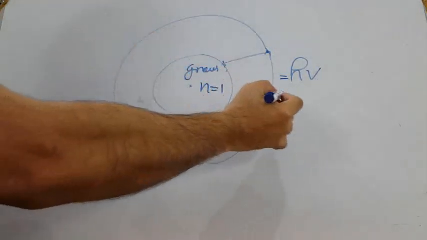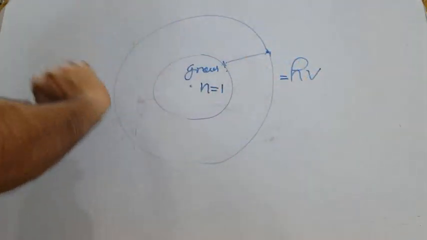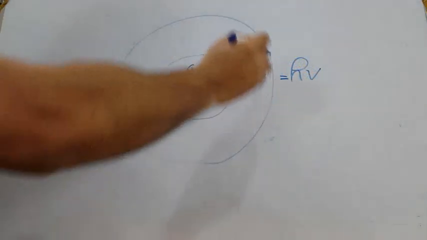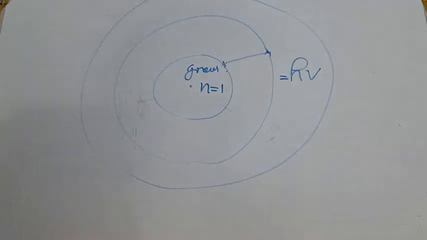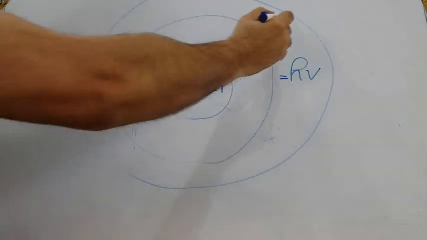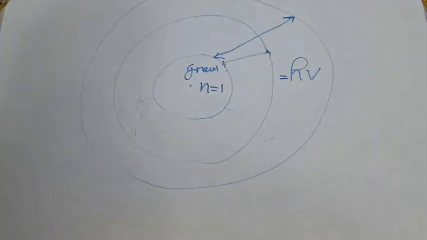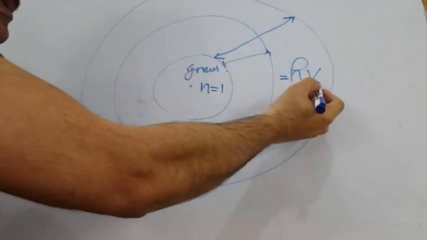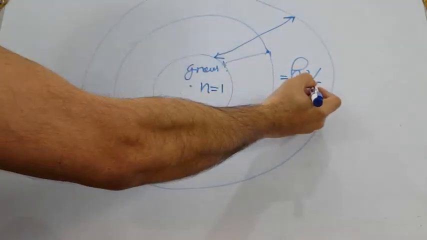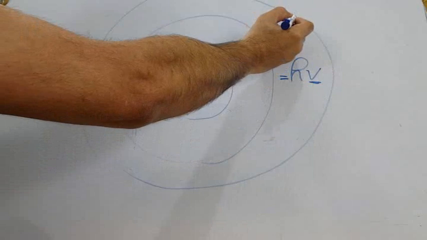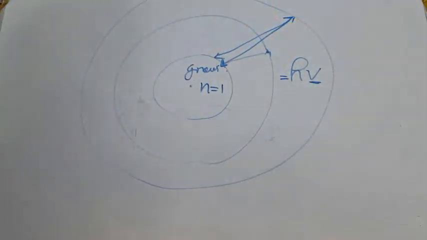And similarly, if another frequency is available which this electron can absorb, then it would go to another orbit, and the corresponding amount of energy would be absorbed. Means a certain frequency shall be absorbed, and the same frequency would be emitted if it goes back to this ground state.